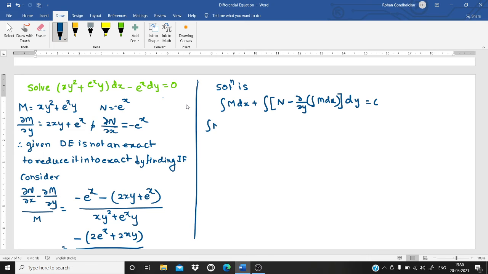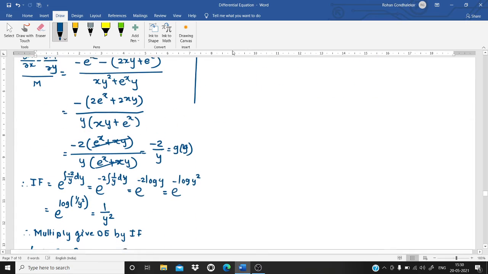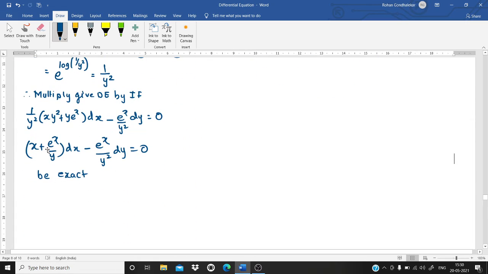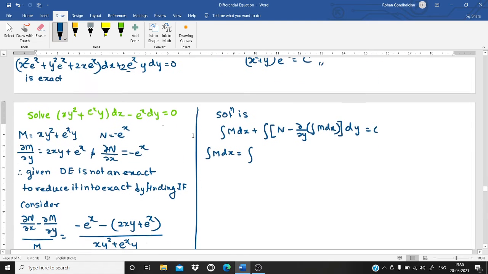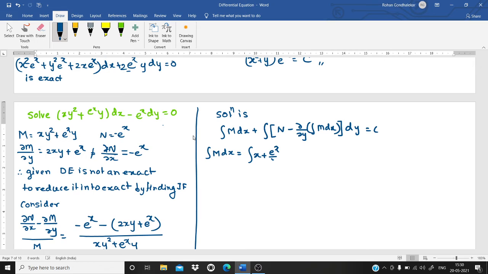So what is integral m dx? Integral m dx is equal to integral of, what is m? Look there. M is x plus e raised to x upon y.